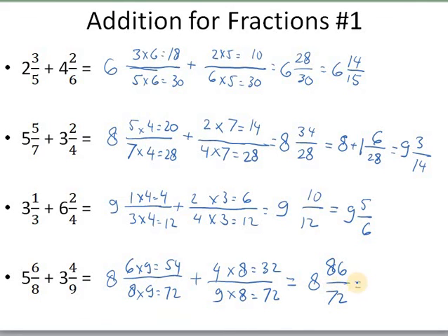So let me just do it. 8, and then plus 1, and then 14 out of 72. We have 9. 14 out of 72, now divide by 2.